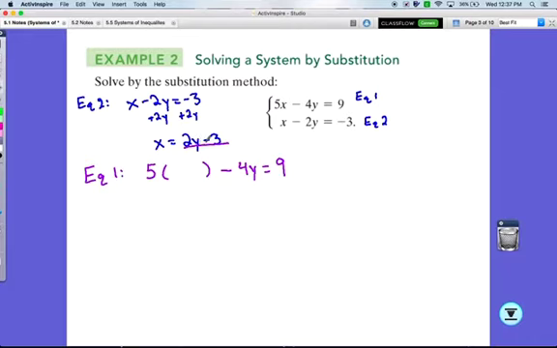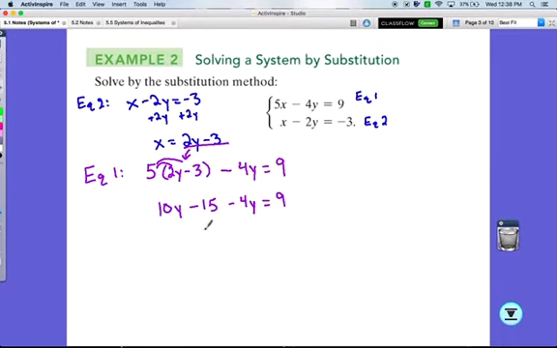According to equation 2, x is 2y minus 3, so I'm going to stick that in where x should go in equation 1. So 5 times (2y minus 3) minus 4y is equal to 9. Now that equation only has one variable, and it's just solving that equation. Let's distribute. 5 times 2y is 10y, 5 times minus 3 is minus 15, minus the 4y is equal to 9.